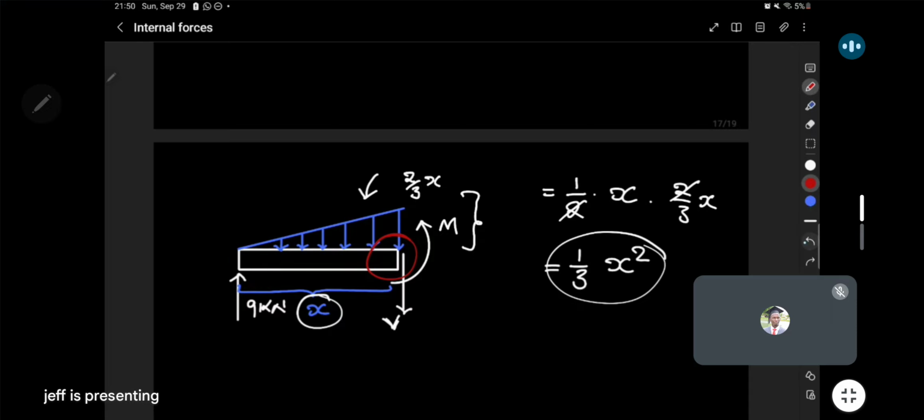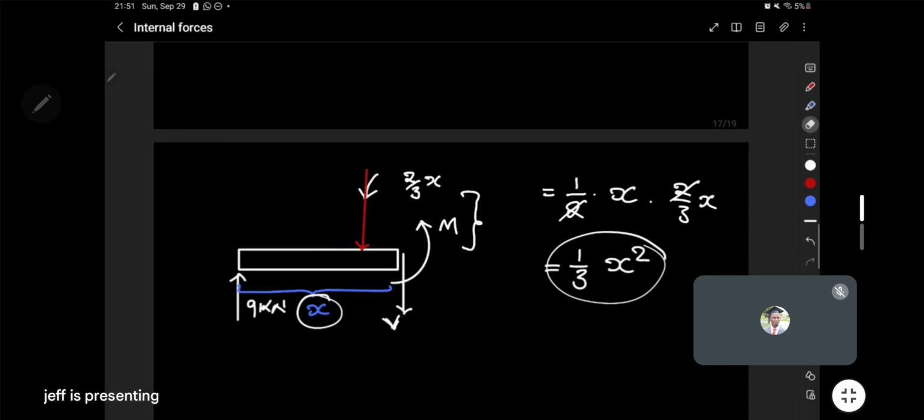Again, this is where we use centroids: it will be a third of the full length from this end. Since the full length is x, a third of x will be 1 over 3 of x. So we can approximate that it is concentrated here. Remove this, since we're going to represent it by that red line.